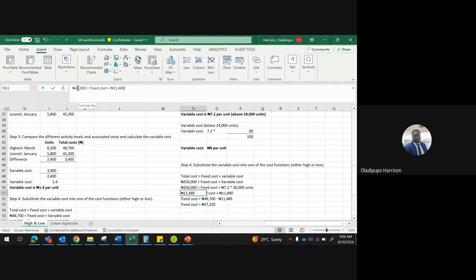So what is 7.2 times 30,000 units? 7.2 and 30,000, that gives 216,000 naira.